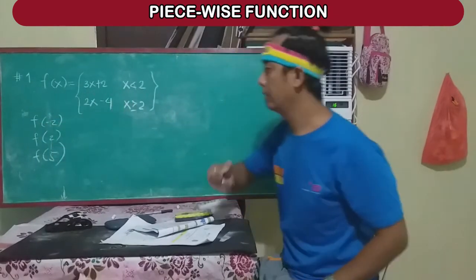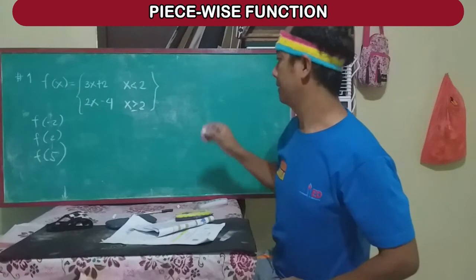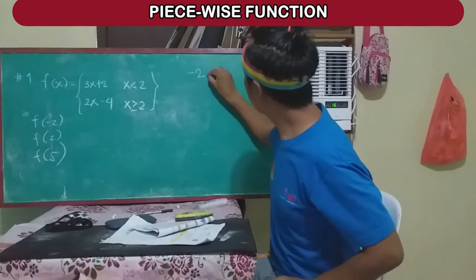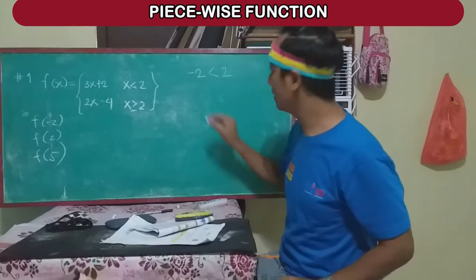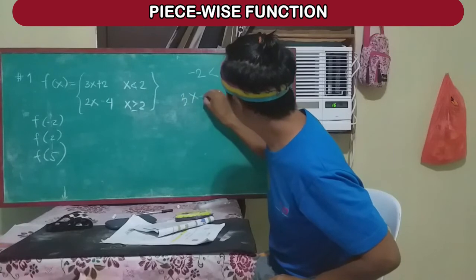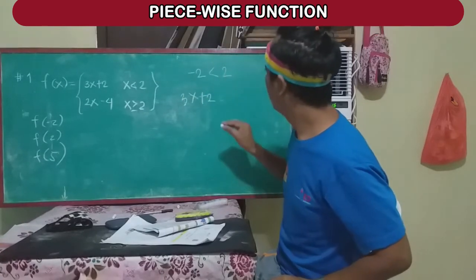So, solve natin yung f of negative 2. So, negative 2. Ibig sabihin, kapag negative 2, less than 2 siya. So, ito siya. Ano yan? 3x plus 2.